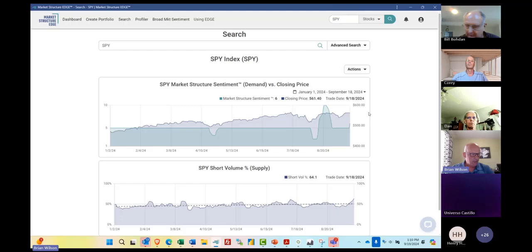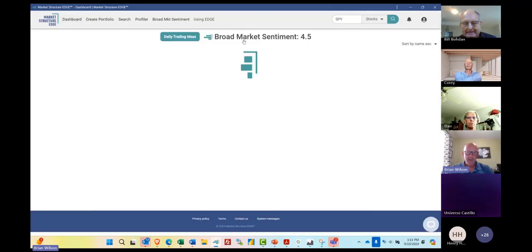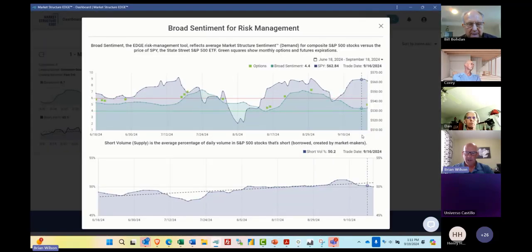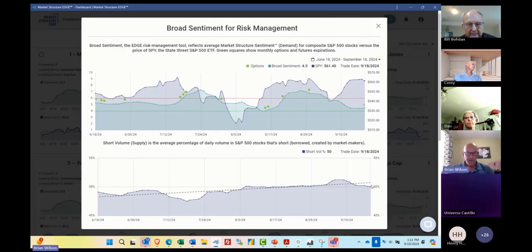Now, each time is different, but I would expect something similar somewhere in the next few days. We are coming up to an inflection point, and what I mean by that from a broad market perspective is we're coming up to the end of expirations. What does that look like? We've seen short covering coming into the conclusion of expirations. Does that continue coming out the other side, or do strategies change?